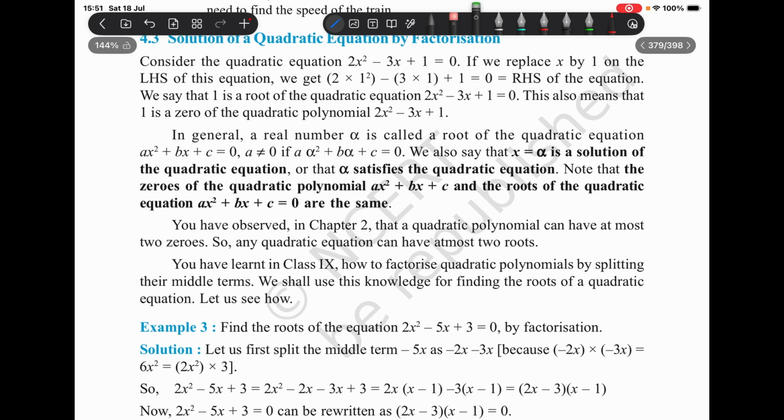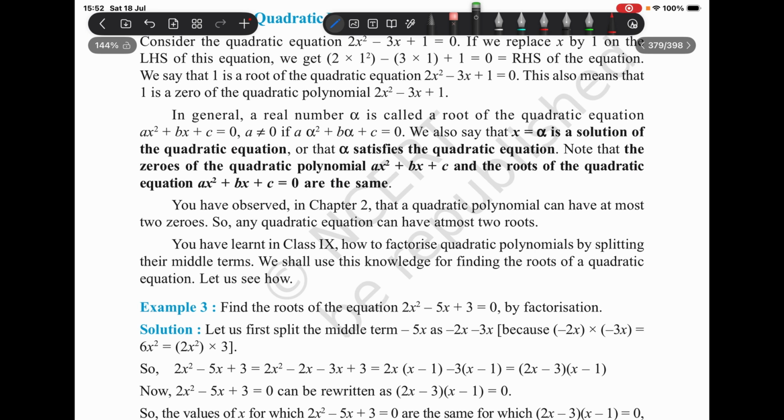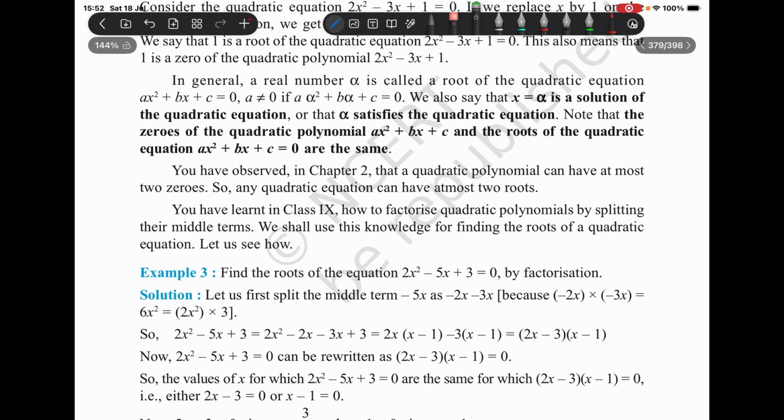Alpha is called the root if replacing x by alpha, that is a alpha square plus b alpha plus c equals 0. Alpha is called the solution of the quadratic equation. We can also say that alpha is the zero of the quadratic polynomial or the root of the quadratic equation, and both are the same thing. Zeros and roots are the same thing.